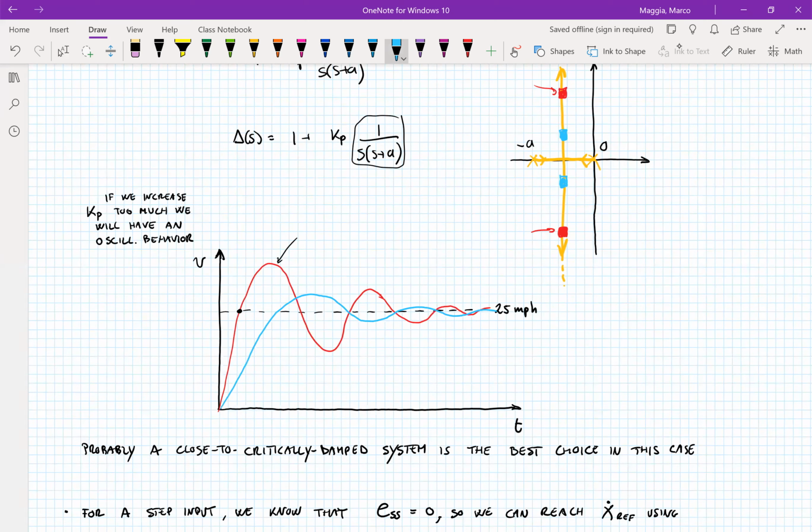So in order not to have oscillations, we would have to have an even lower Kp, such that we have real poles. So we have an overdamped system, and therefore the response will never cross the final value, and it will just approach it asymptotically without having an overshoot.